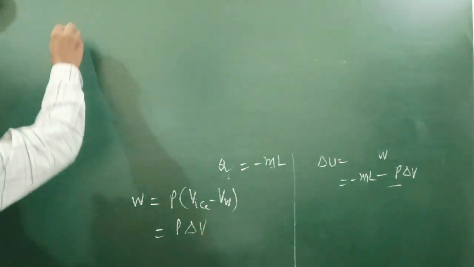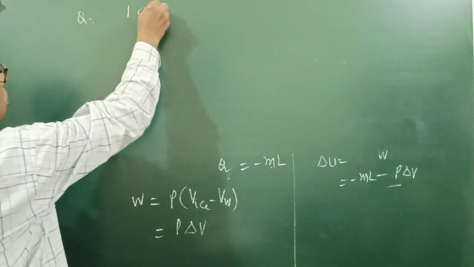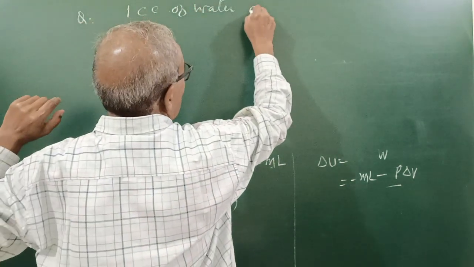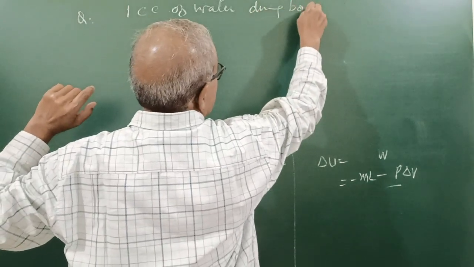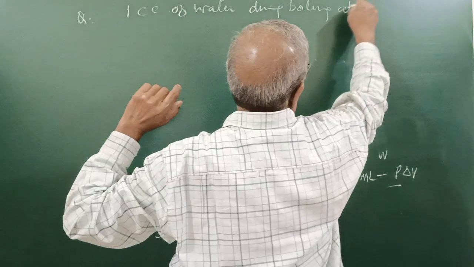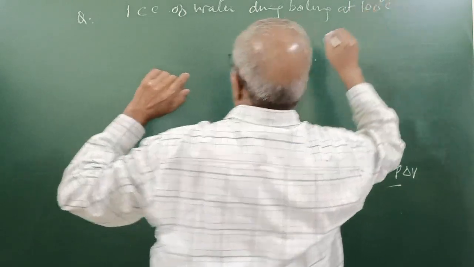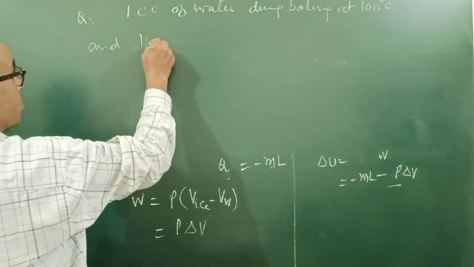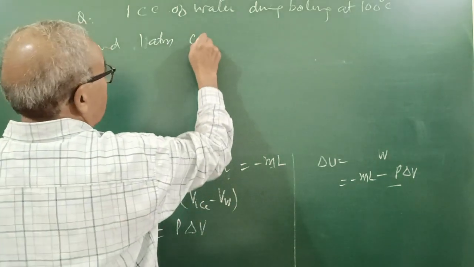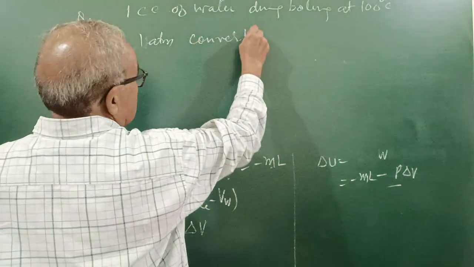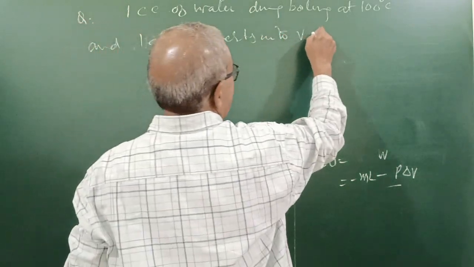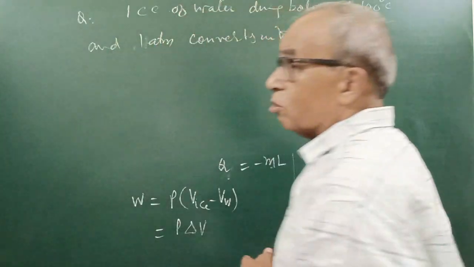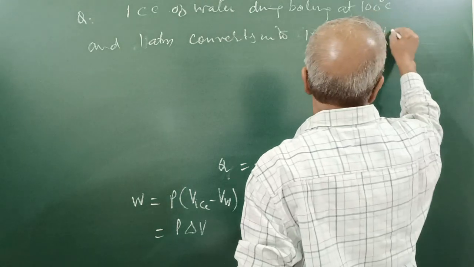There is a question here. 1 cc of water during boiling at 100 degrees centigrade and 1 atmosphere converts into vapor of 1671 cc, cc means cubic centimeter, of vapor.